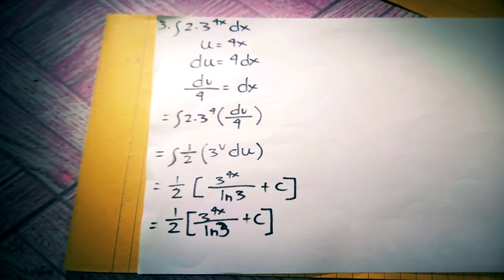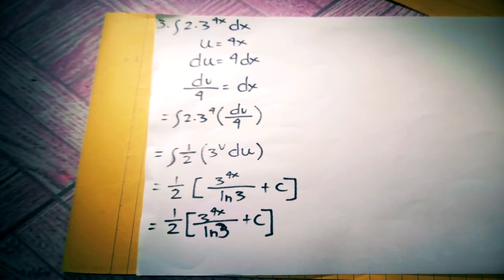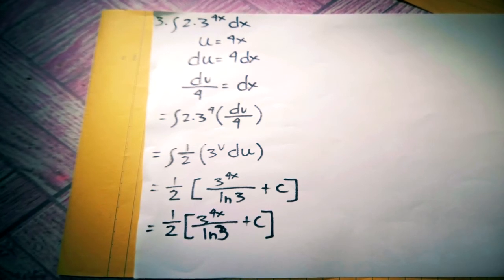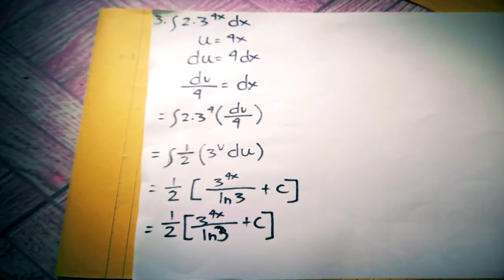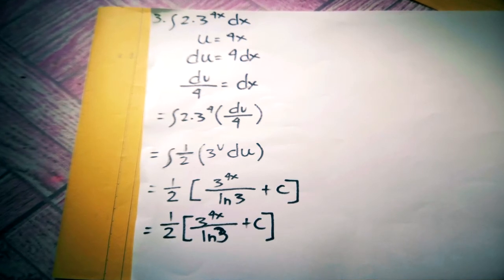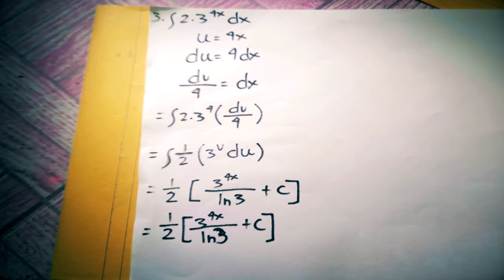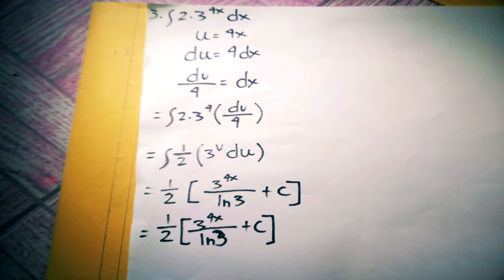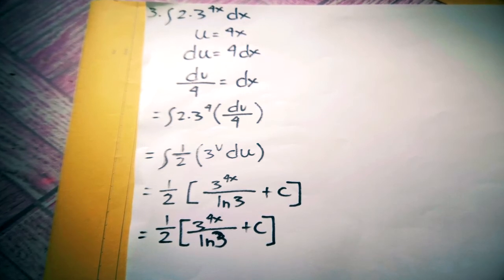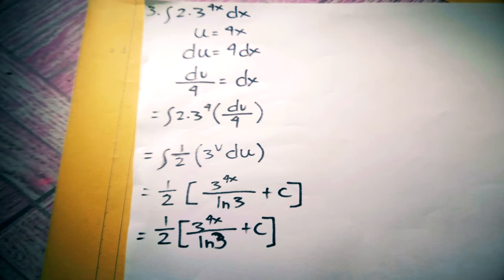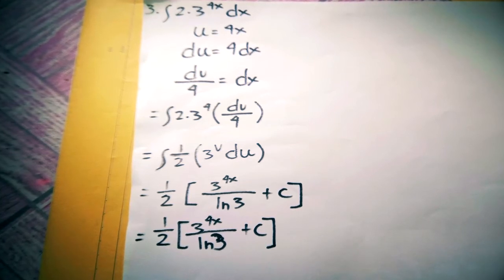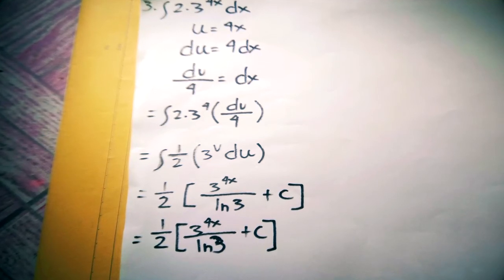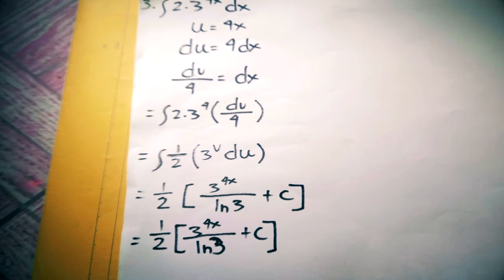Let u equal 4x, du equals 4 dx, du over 4 equals dx. This equals the integral of 2 multiplied by 3 raised to the power of u times du over 4, which equals the integral of 1/2 times 3 raised to the power of u du, which equals 1/2 times 3 raised to the power of 4x over ln 3 plus c, and the final answer would be 1/2 times 3 raised to the power of 4x over ln 3 plus c.